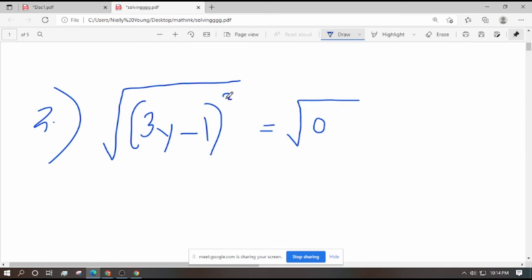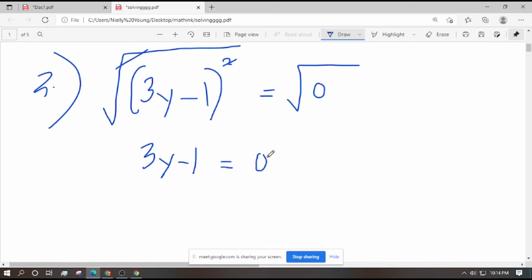So, the 2 and the square root symbol will cancel. So, what is left is 3y minus 1. And we know that the square root of 0 is positive and negative 0, or it is okay not to write it. Because it is 0.